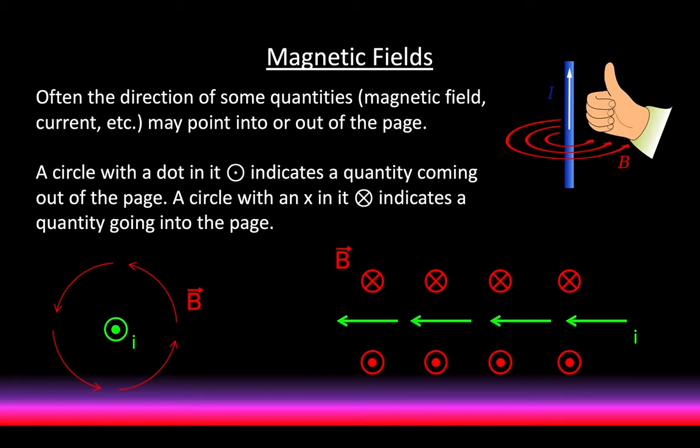So what we're going to see later on is we'll have a circular loop of wire and the magnetic field. So the circular loop will be my four fingers, the current, and then the magnetic field will be my thumb. But we always have a straight part and we always have a curly part.